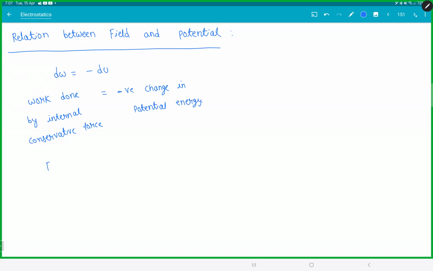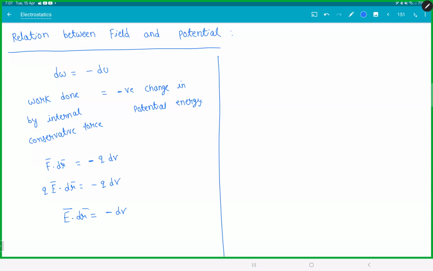So work done will be nothing but F bar dot dr bar. This is nothing but charge into potential difference. So this will be Q into E bar dot dr is minus Q into dV. Q, Q will cancel. We end up with E bar dot dr bar will be minus dV.